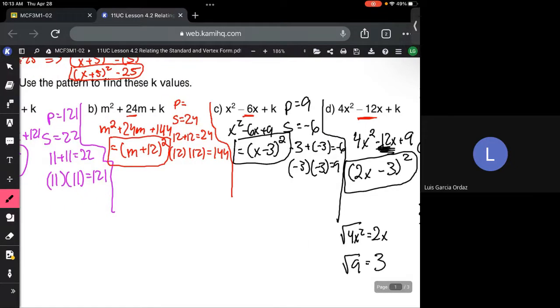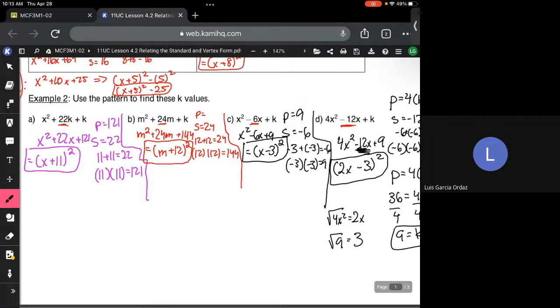So now we can actually get on to the perfect square stuff. So brackets would be 2x minus 3 because my 12 in the middle, is it positive or negative? Negative. Yeah, which is why you have the 2x minus 3. Okay. So now let's see if we can do the factored form.